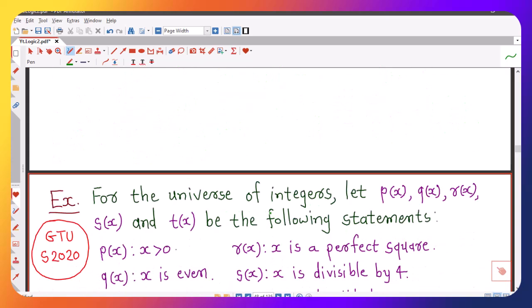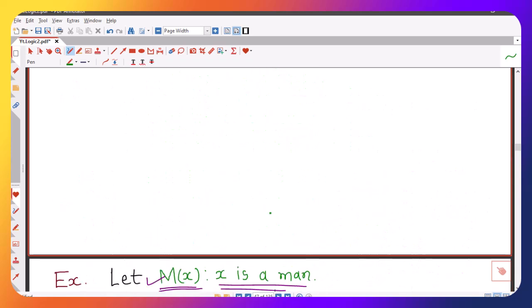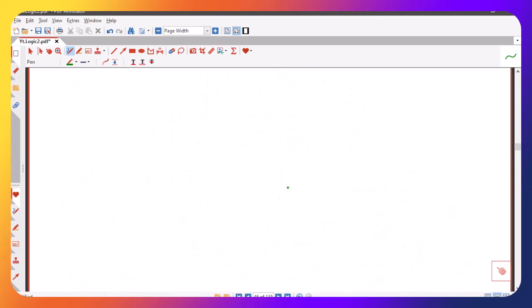So in this way we can write down a given statement in symbolic form using either the universal quantifier or the existential quantifier, and the logical operators which we have discussed in earlier lectures on propositional calculus.